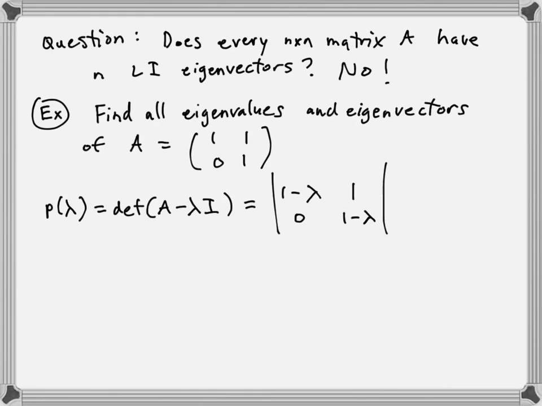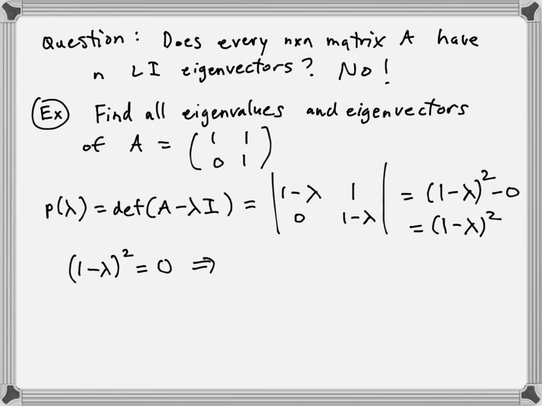So lucky for us, this is actually just 1 minus lambda squared minus 0. But that's just 1 minus lambda squared. Good news, it's already factored. Quite nice, quite easy. So if we set that equal to 0, 1 minus lambda squared is equal to 0.